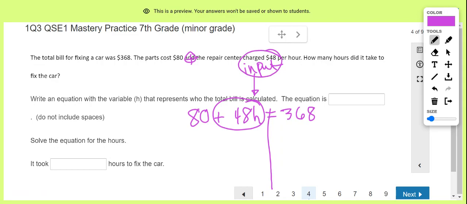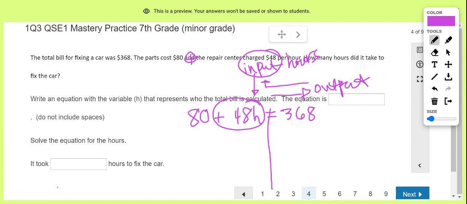After some number of hours goes into the input, then 368 is the output. So we are going to work the problem backwards from the output to take us back to the input.